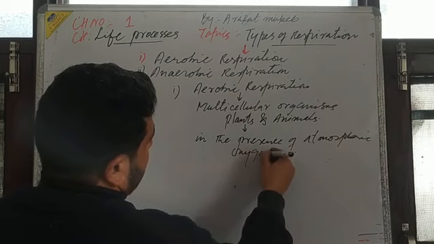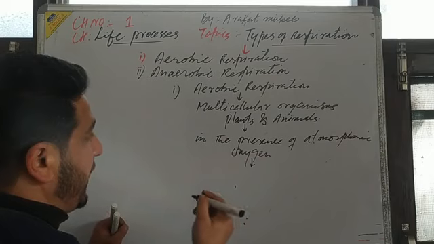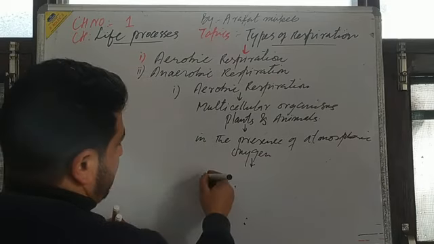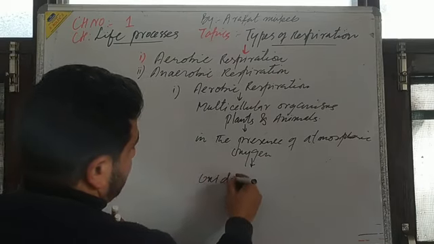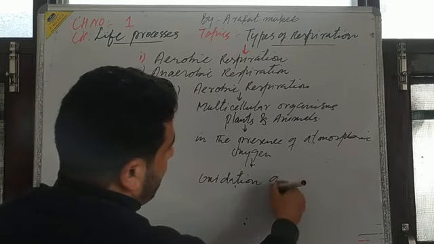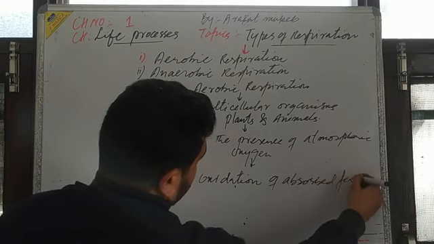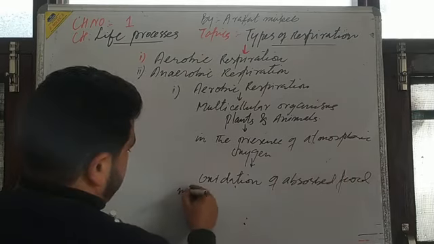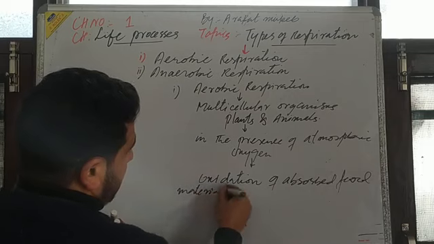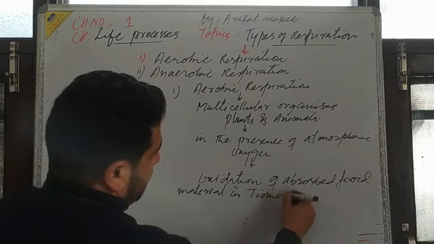and in it, the absorbed food in the tissue cells is oxidized. There is oxidation of absorbed food material in tissue cells.